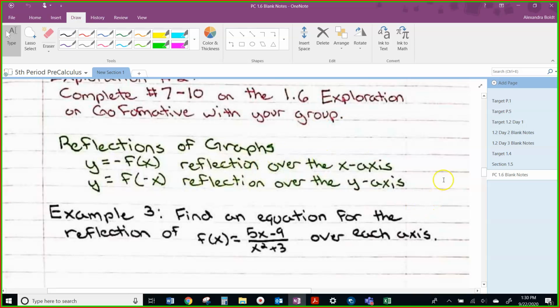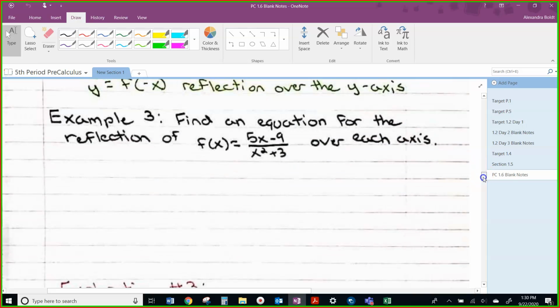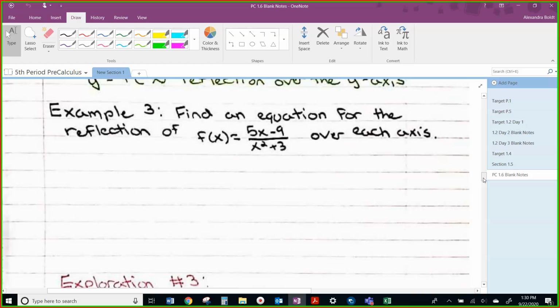So let's look at an example of this. We're going to find an equation for the reflection of f of x equals 5x minus 9 over x squared plus 3 over each axis.